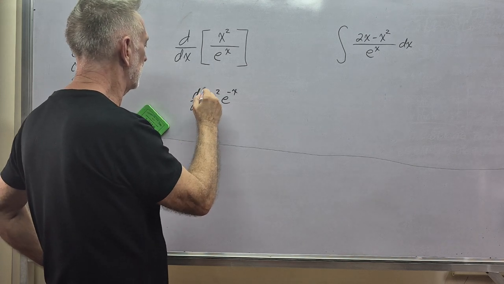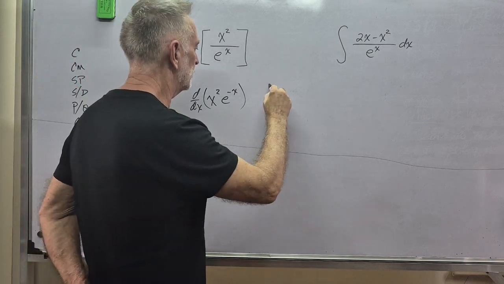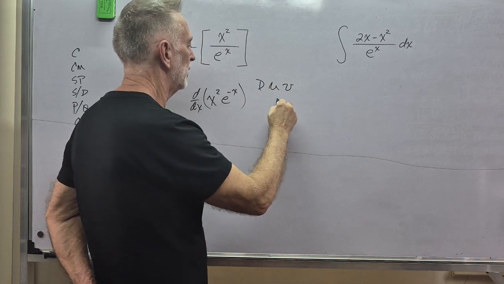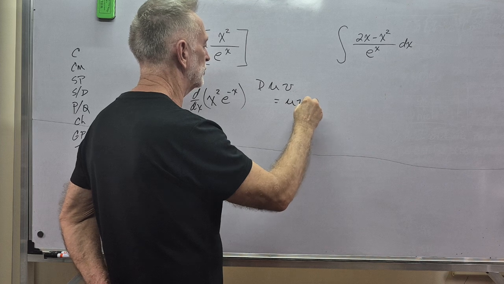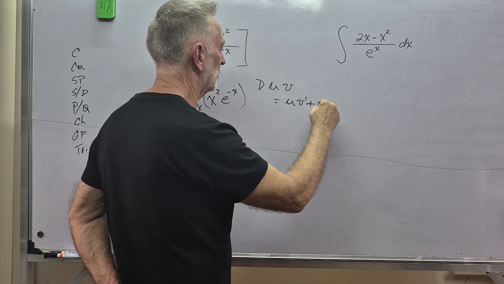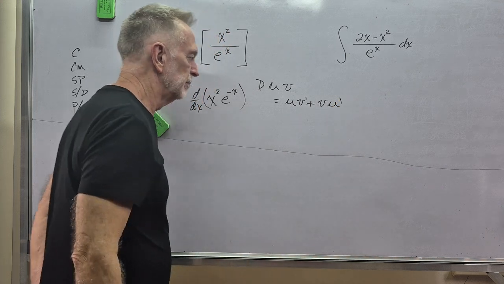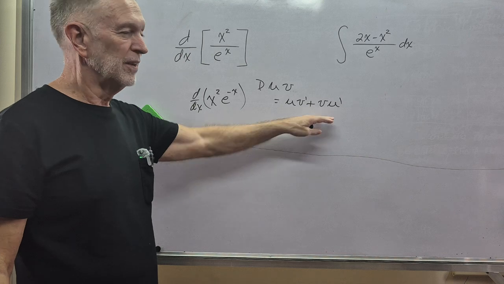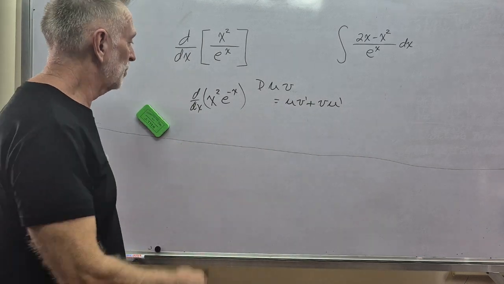So the product rule says if I have two functions, u and v, and I'm taking the derivative of that, it equals the first one times the derivative of the second one plus the second one times the derivative of the first one. You can see I don't have something in the denominator, and for me, that helps simplify it a little bit.